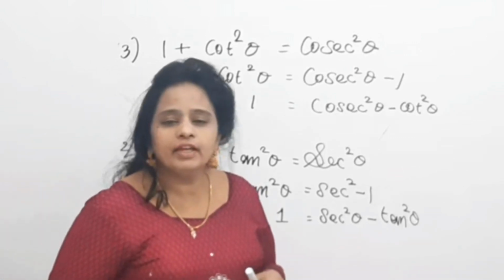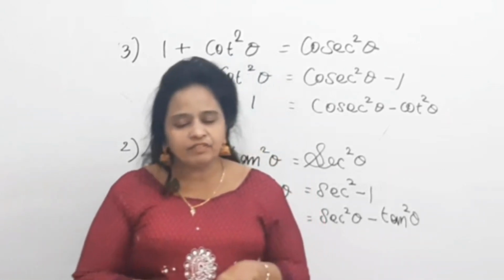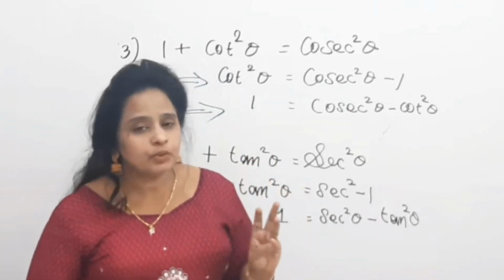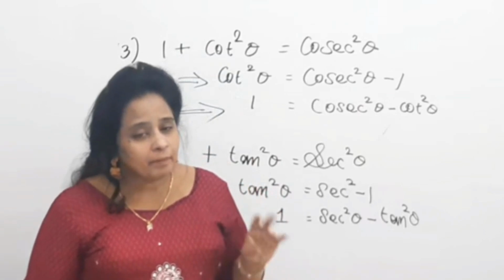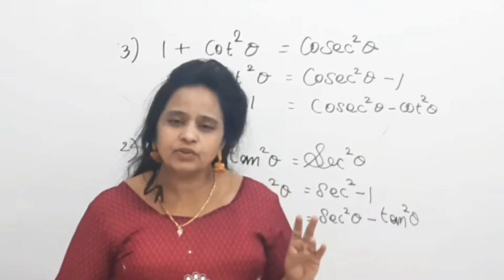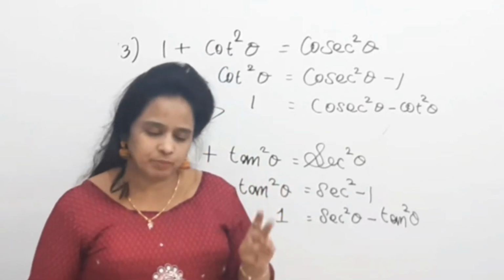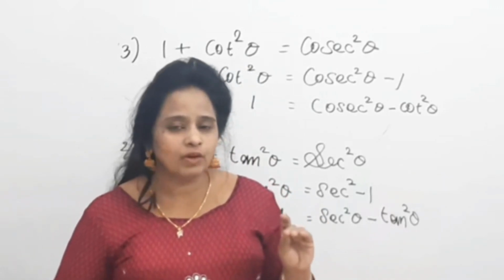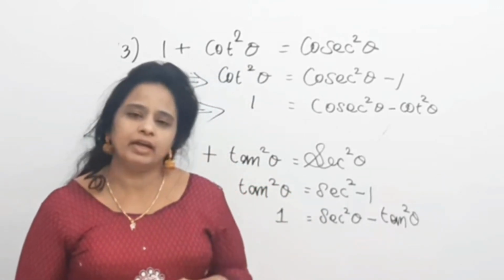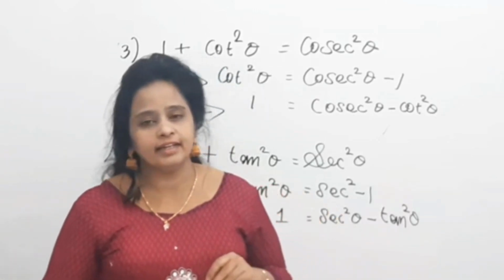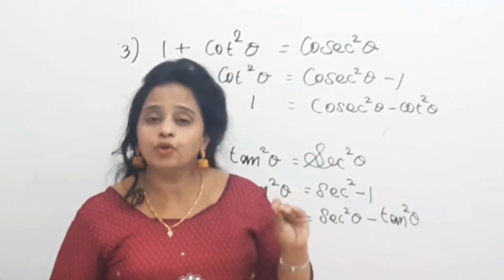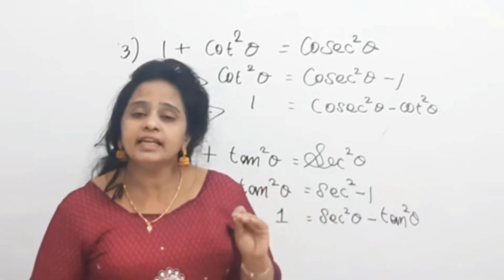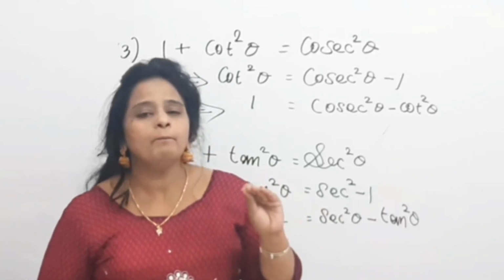Let me recollect the identities. The first one is a plus b the whole square is equal to a square plus 2ab plus b square. A minus b the whole square is equal to a square minus 2ab plus b square. And the third identity, a square minus b square is equal to a plus b into a minus b. And the fourth identity is a plus b the whole cube is equal to a cube plus 3a square b plus 3ab square plus b cube.